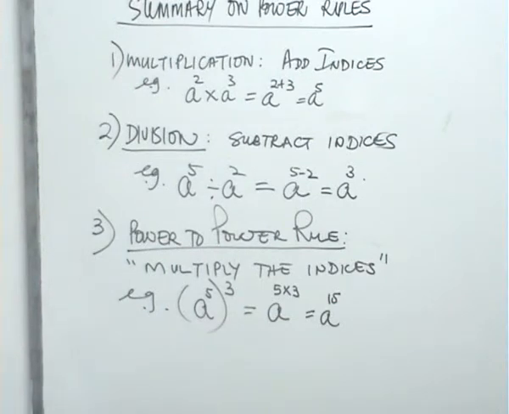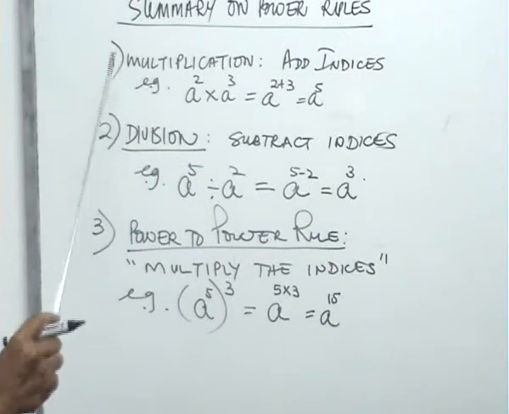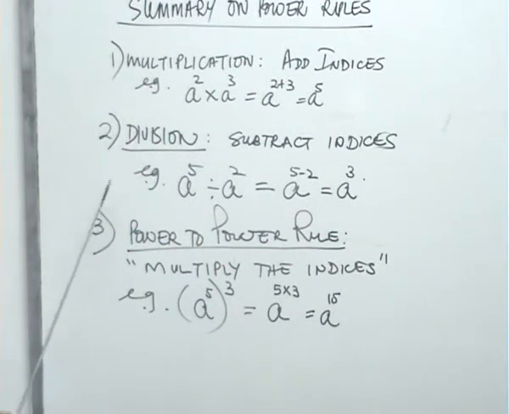So before you do exercise 9, you've got to have this clear in your mind, and when you're doing exercise 9, ask yourself, am I multiplying, am I dividing, or am I going to use power to power? So these 3 rules are now going to be applied in exercise 9. Alright, let's move over to exercise 9.